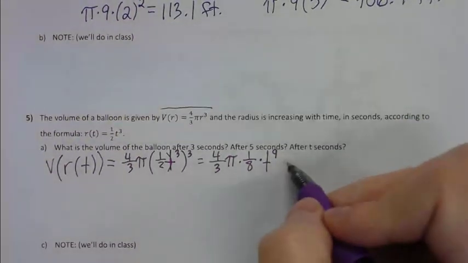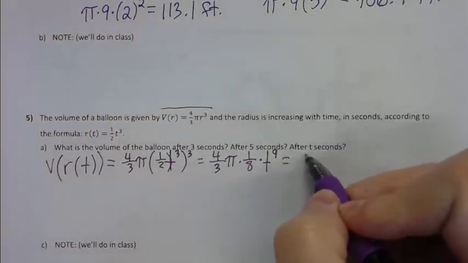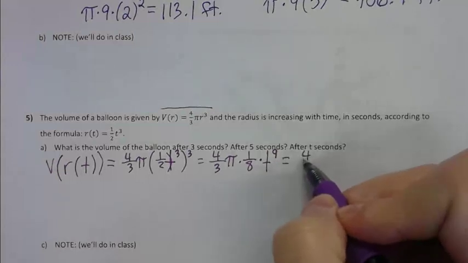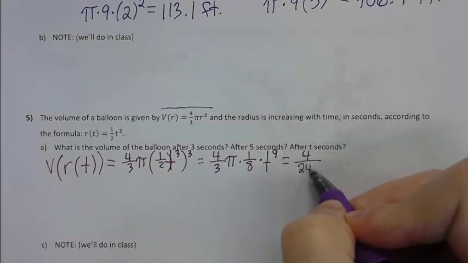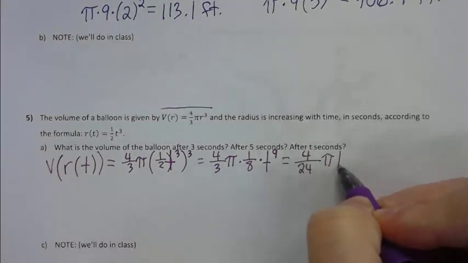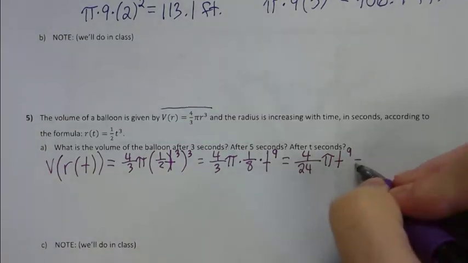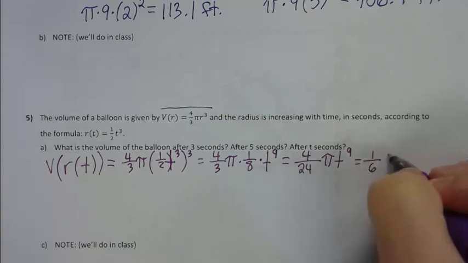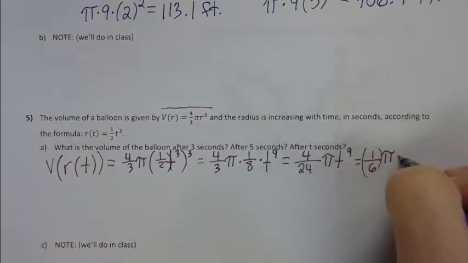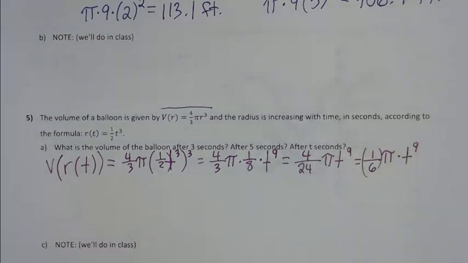And so if we multiply across with our fractions, we have 4 over 24 pi t to the ninth. Well, 4 over 24 is just 1/6. So we have 1/6 times pi times t to the ninth. So a little complicated there.